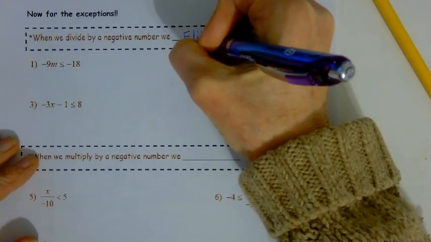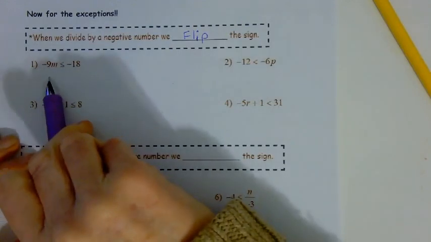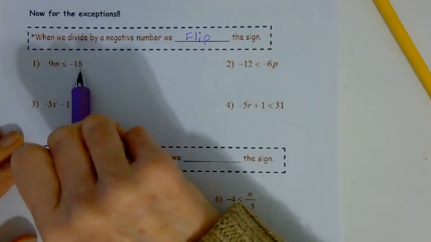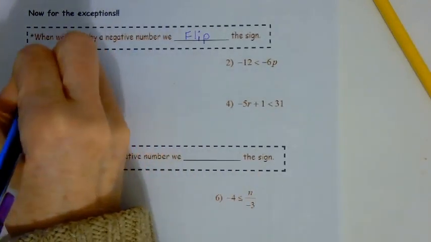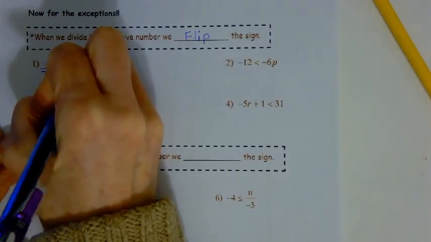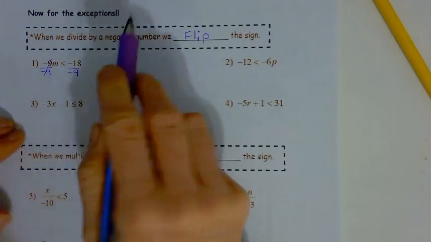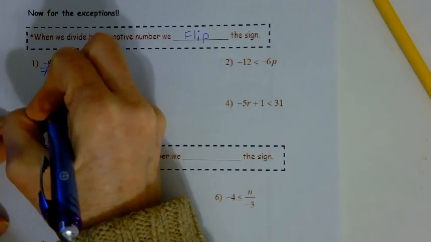So when we're looking at number 1, for instance, we have negative 9m is less than or equal to negative 18. Well, to solve this, I'm going to divide by negative 9 and divide by negative 9. But notice we are dividing by a negative number. So because of the way that the inequality works, we need to copy down the variable, but we need to flip this sign. This is less than or equal to.